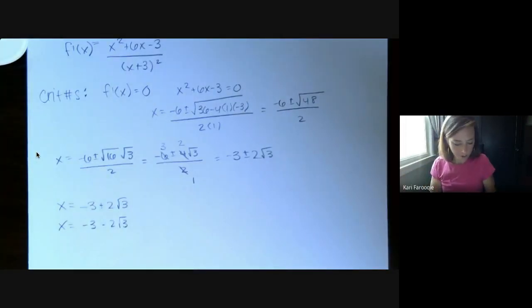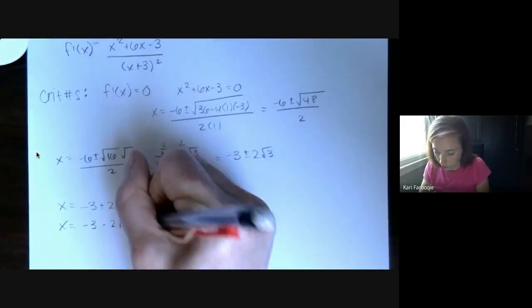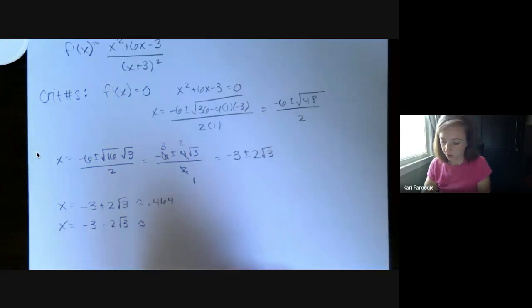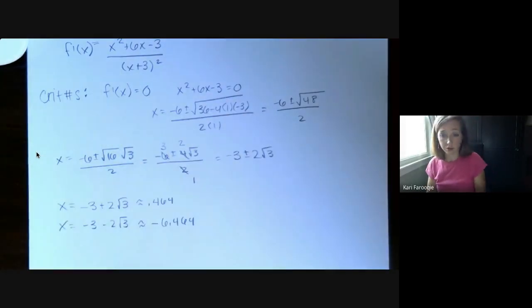All right, -3 plus 2 square root 3 is approximately 0.464, and -3 minus 2 root 3 is approximately -6.464. Now, again, you don't have an interval here.